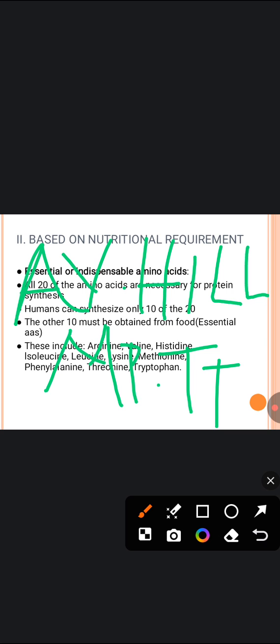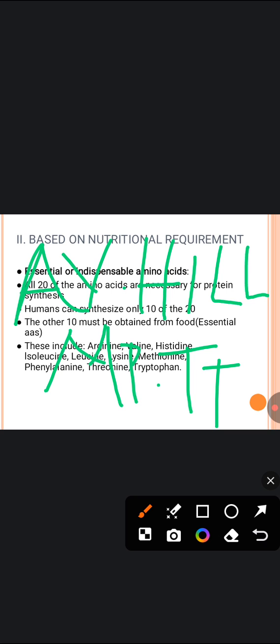A represents arginine, B represents valine, H histidine, I isoleucine, L leucine, and the other L is lysine, then M methionine, P phenylalanine, T threonine, and the other T is tryptophan.